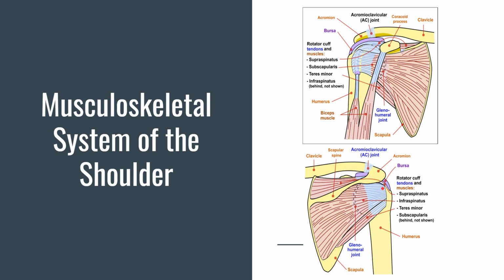You have the infraspinatus muscle, which attaches onto the medial border and runs all the way down close to the inferior angle of the scapula. It runs to the posterior and lateral aspect of the head of the humerus. And then you have the teres minor, which runs from the lateral border to the posterior and lateral aspect of the humerus.